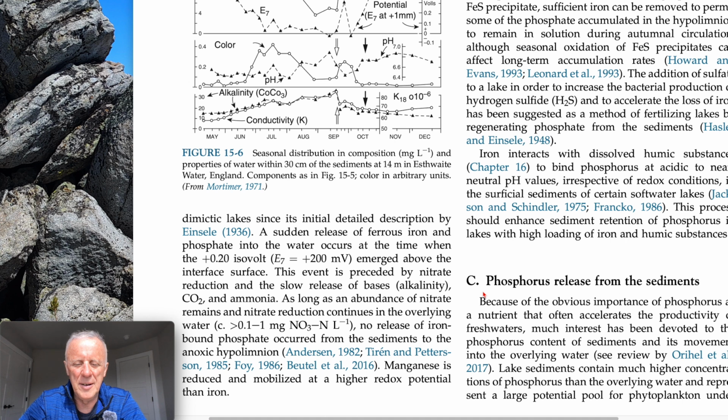This event is preceded by nitrate reduction and the slow release of bases, carbon dioxide and ammonia. As long as an abundance of nitrate remains and nitrate reduction continues in the overlying water, no release of iron-bound phosphate occurred from the sediment to the anoxic hypolimnion. Manganese is reduced and mobilized at a higher redox potential than iron.